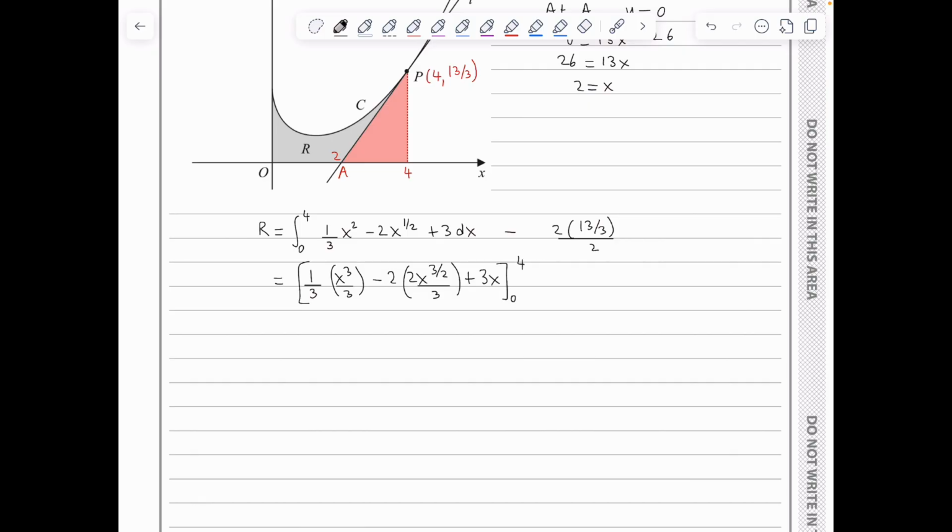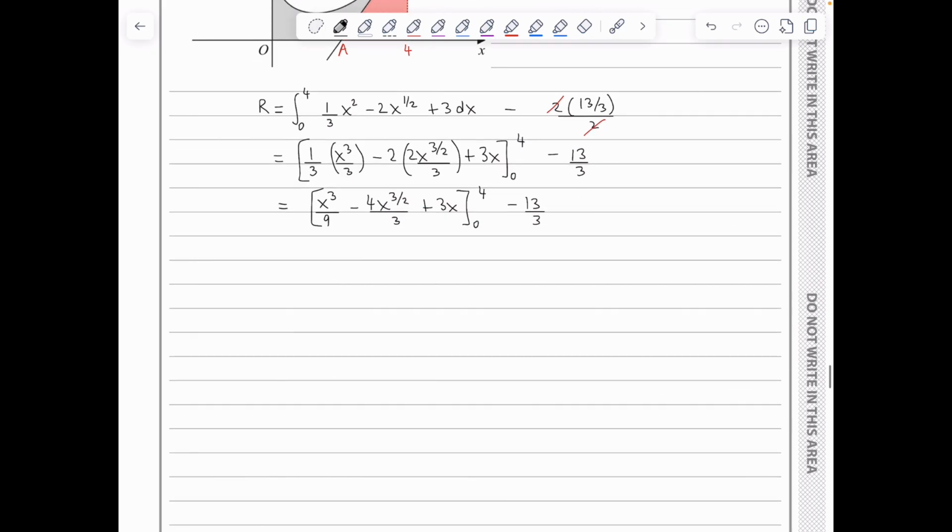And for the area of the triangle, the 2 with the 2 will cancel out, and this leaves me with 13 over 3. I will proceed in simplifying the integrated expression, so x cubed over 9 minus 4x to the 3 over 2 over 3 plus 3x, with the limits being 0 and 4 respectively, minus 13 over 3.